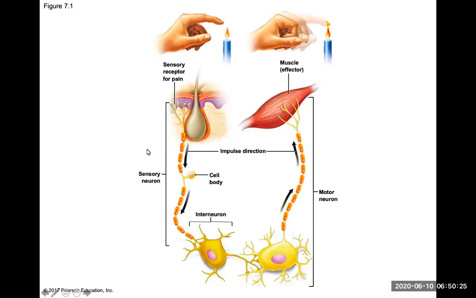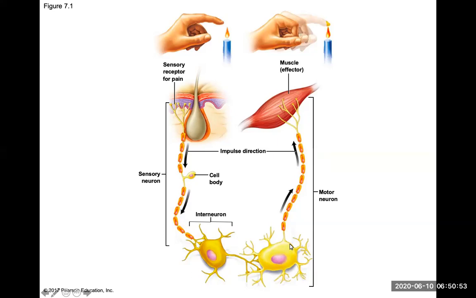So here's a look at an example. A sensory neuron would sense pain or some sort of stimulus, whether it's the light that you're seeing right now as you're watching this video. The sensory receptor would sense that pain and send that impulse or signal through the axon of a neuron, the cell body, through an interneuron, and the interneuron would connect a sensory neuron to a motor neuron in the brain or spinal cord.